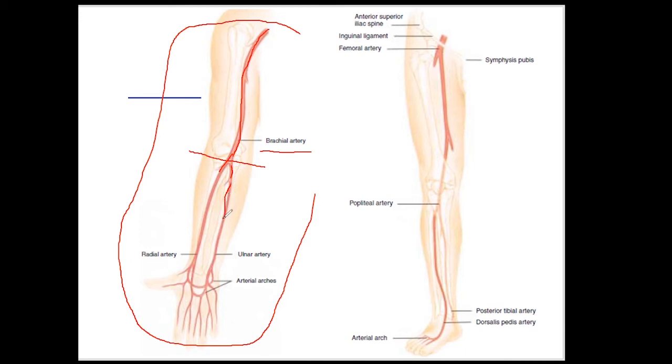The medial side is the ulnar artery, the same as the bone's name, and the lateral side is the radial artery, also like the bone's name. Then they go to the hand, form an arch, connect each other, then go to each of the fingers. So that's the arm part.